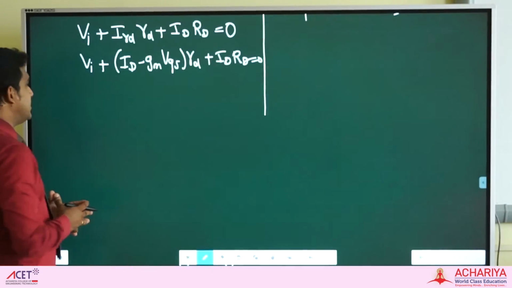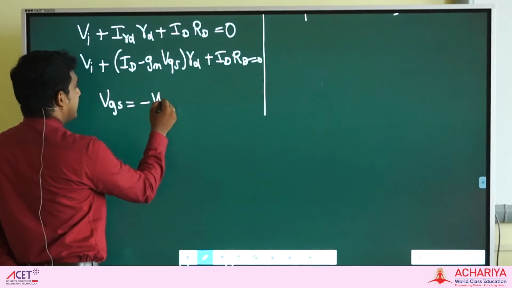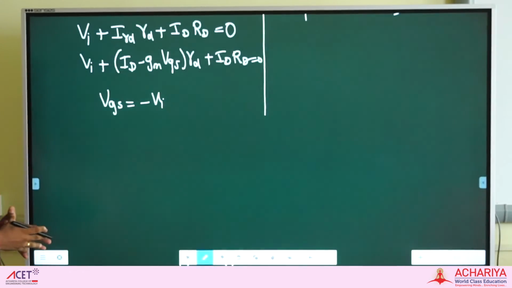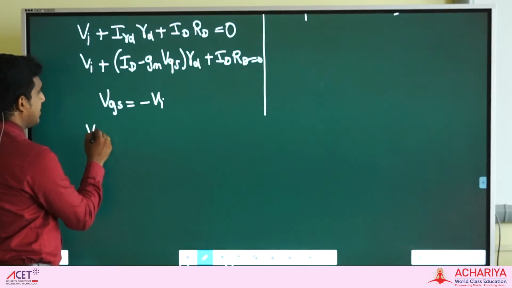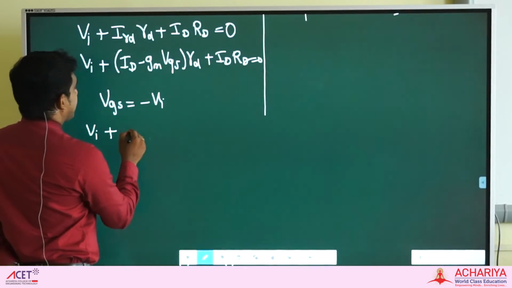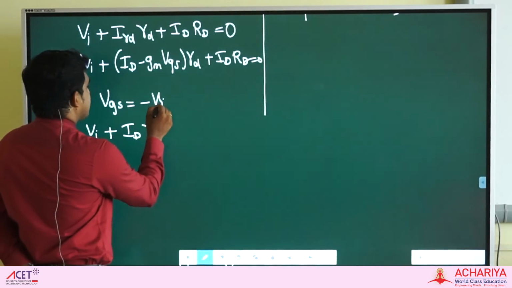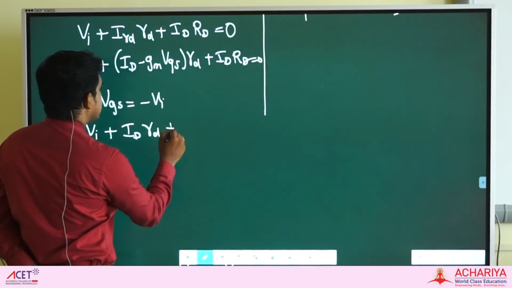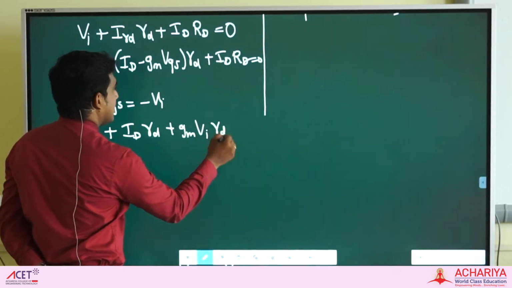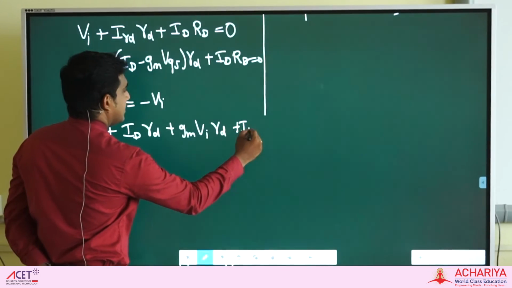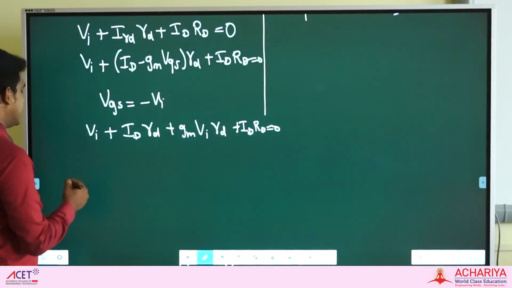We know that VGS is equal to minus VI, as substituted in the previous section. So here also we can substitute: VI plus ID into rd, and by substituting minus VI, it becomes plus GM VI into rd, plus ID RD is equal to 0. From this equation we can find VI.